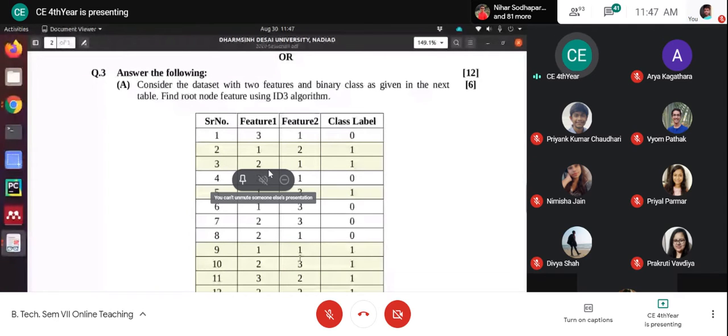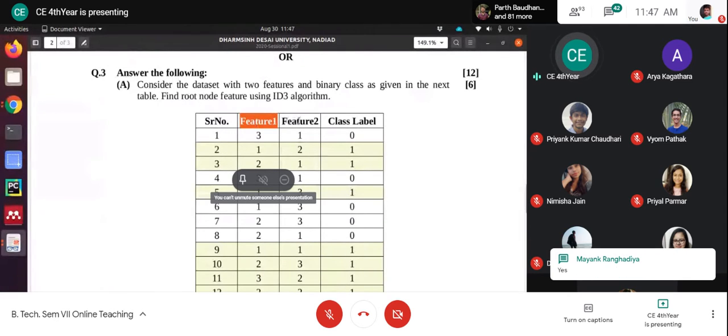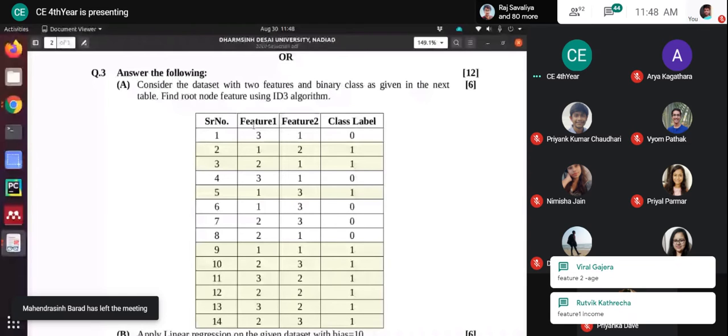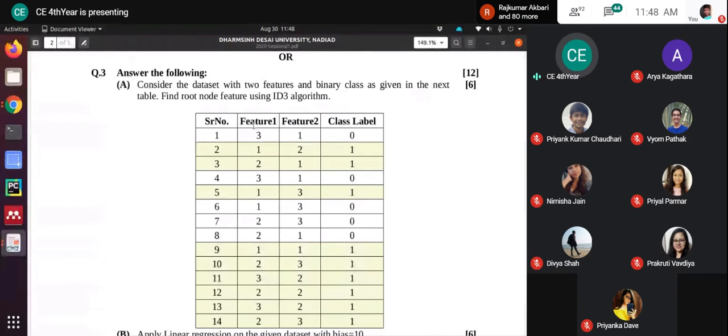If you have identified, can you tell me feature 1 and feature 2, what exactly is the name of these features? Correct. Right. So it's the same example.